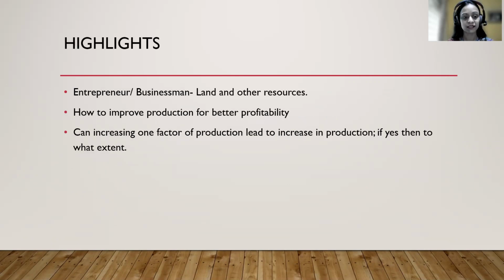Highlights of this class are, we are going to consider various resources like land, entrepreneur, labor, etc. The focus is on improving production for better profitability, and how we can increase one factor of production and it leads to an increase in production.